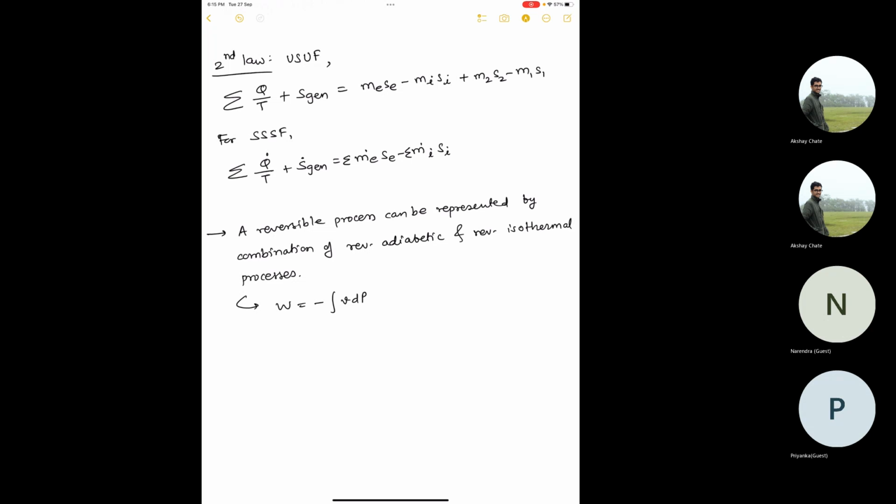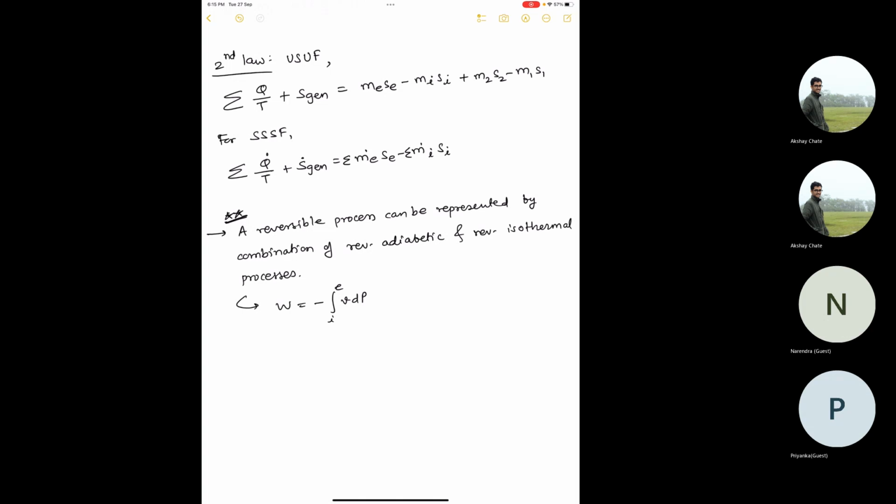This v is the specific volume from inlet to exit. So you can follow Professor Suman sir's lectures and understand this point, that a reversible process can be described as a combination of reversible adiabatic and reversible isothermal processes. If you want more deliberation on this, you can find it in PK Nag, very initially.